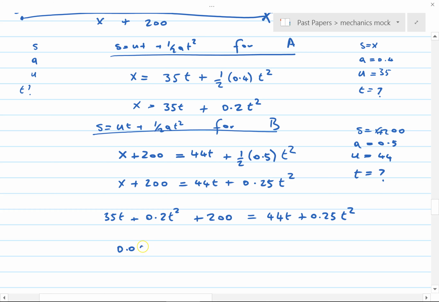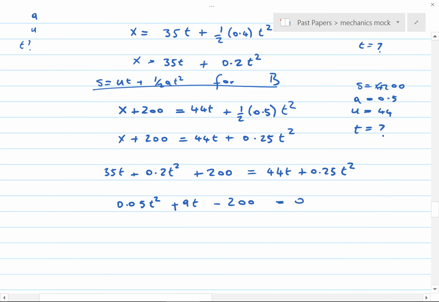We get 0.05t squared, and the difference between 35 and 44 is 9, so that's plus 9t minus 200 equals 0. Now you can use your calculator at this point, but I'm going to resist. I'm going to multiply everything by 20.